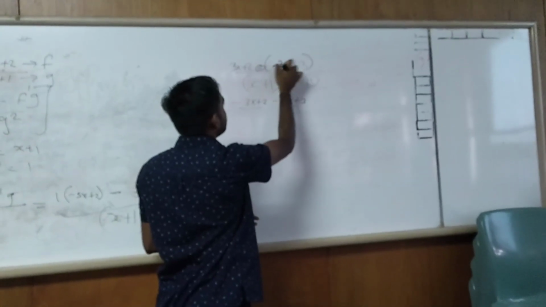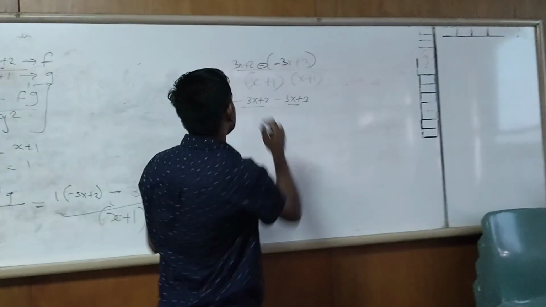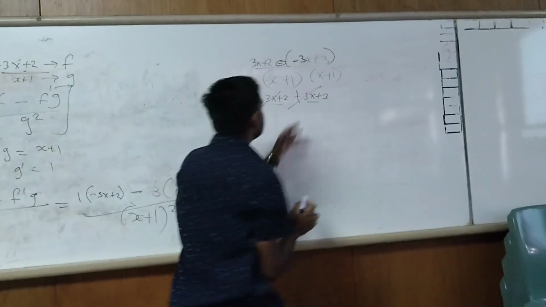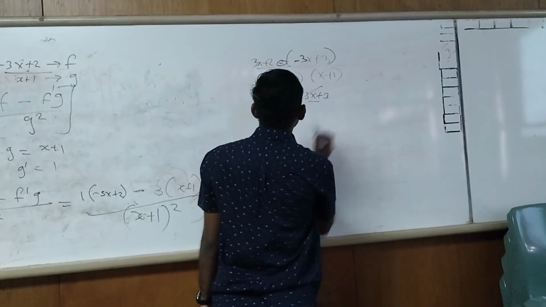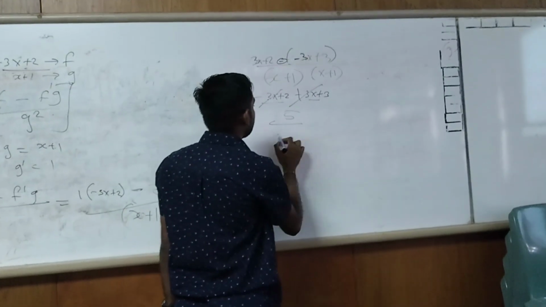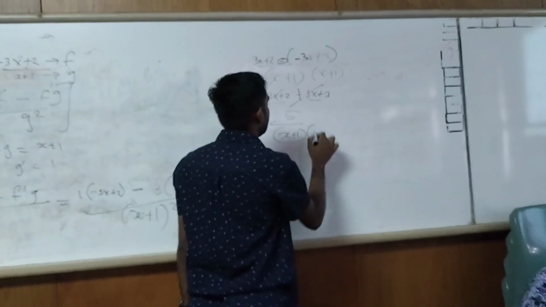Negative 3x minus negative 3x, so this one and this one will cancel. Minus 2 becomes plus 3 after the sign change, and so it's 5 divided by x plus 1 squared.